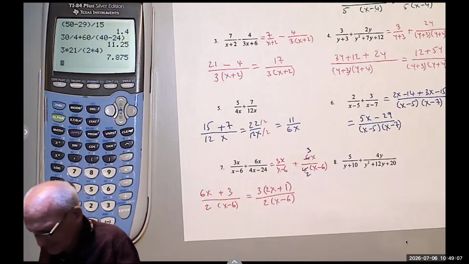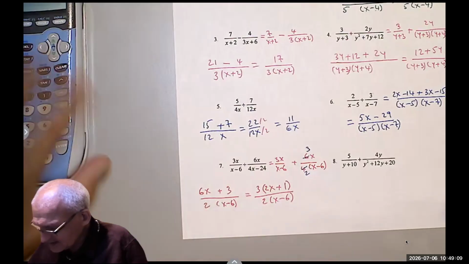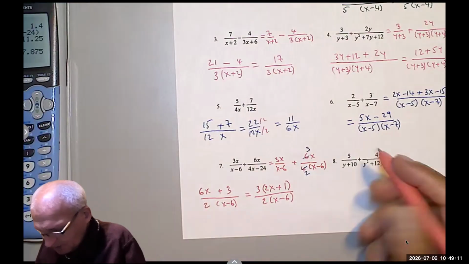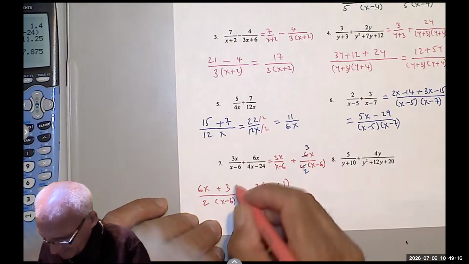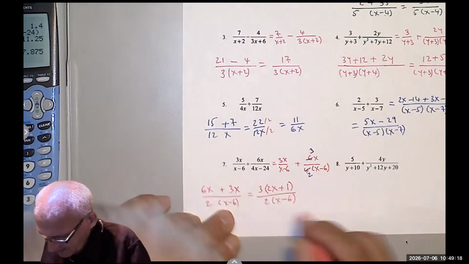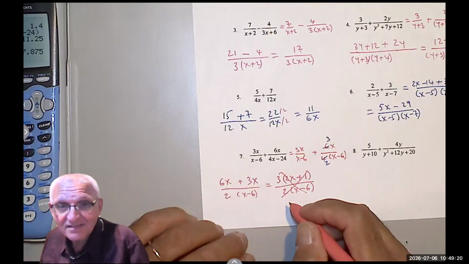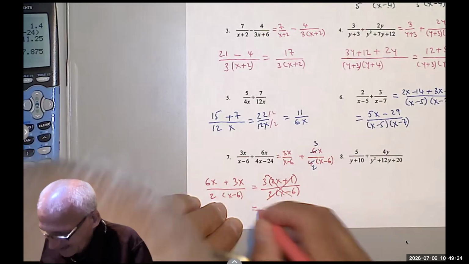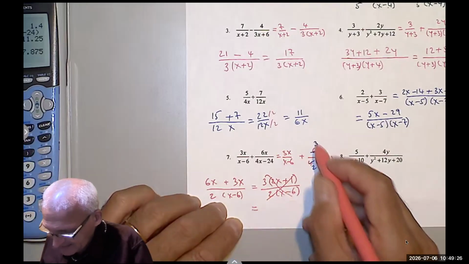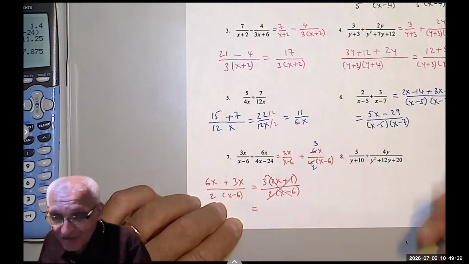Oh my God. Of course, I wrote plus 3 and it's 3x. How did I say 3? I'm glad I did my method to check. When I simplified, I see 3 and 2. I didn't look at the x.